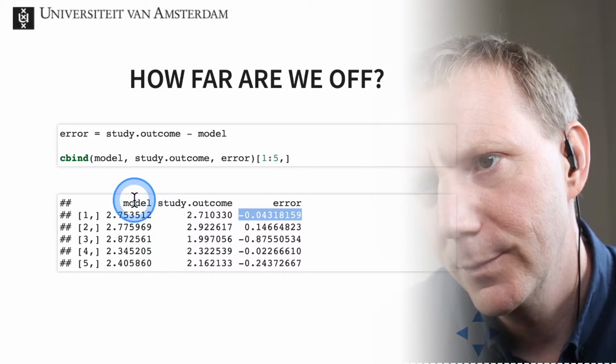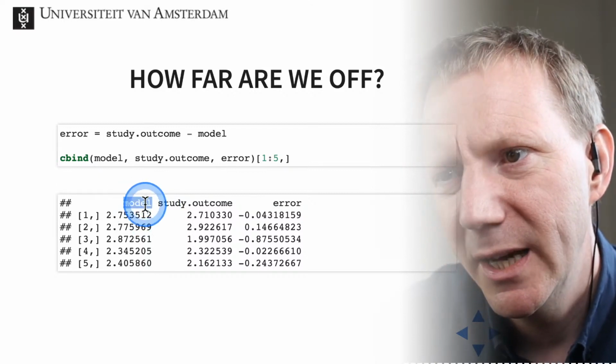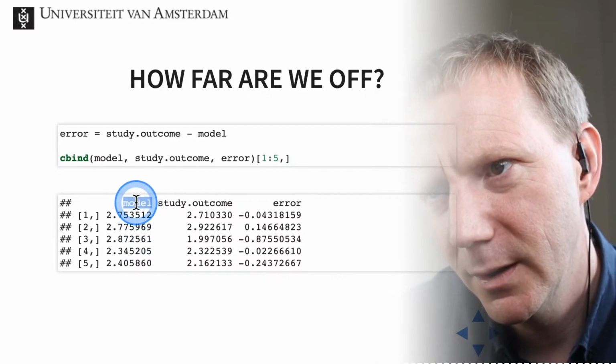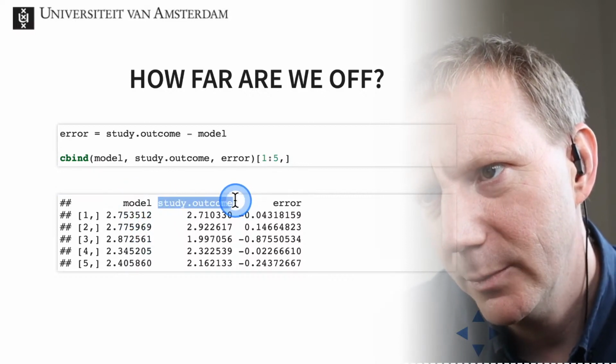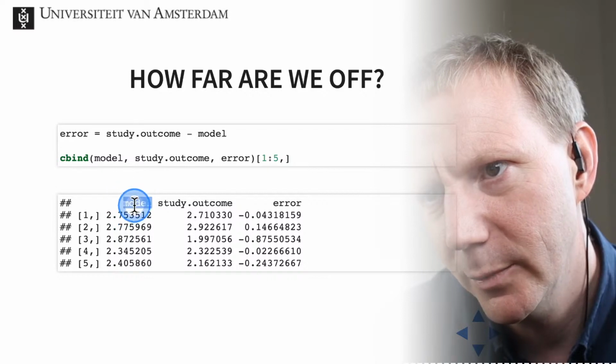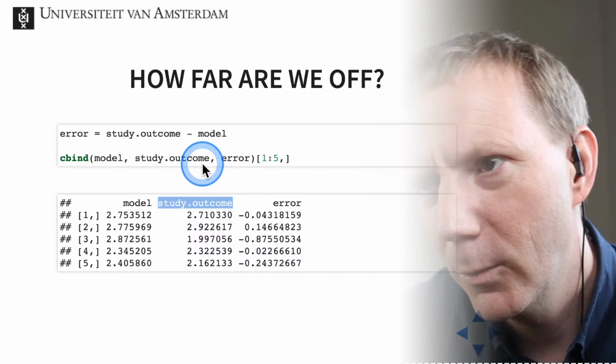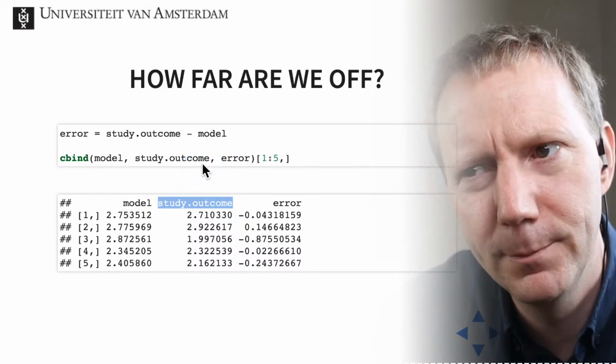As a question to you, if we correlate the model and the study outcome, so if we just take these two variables and correlate them, what do we get then?